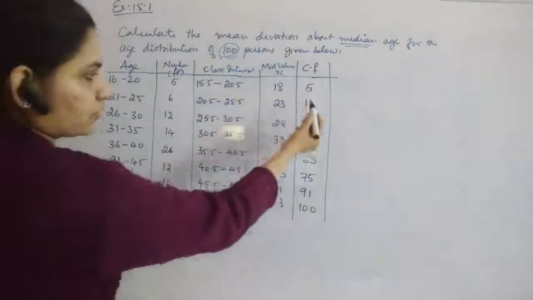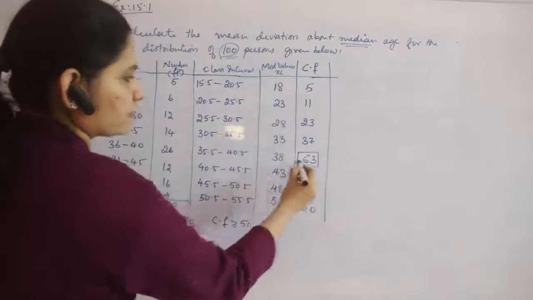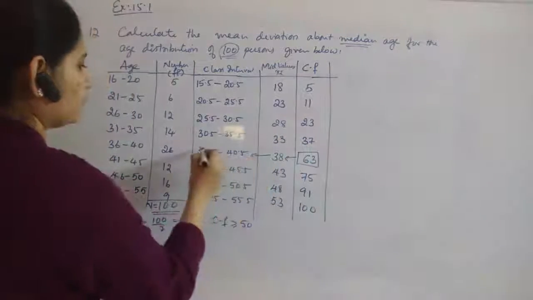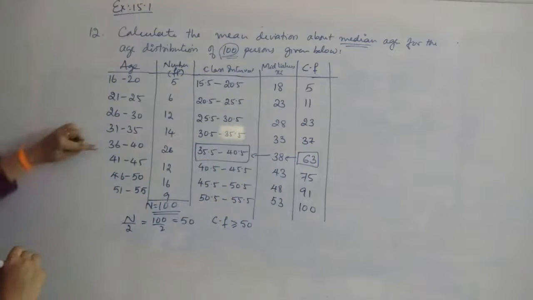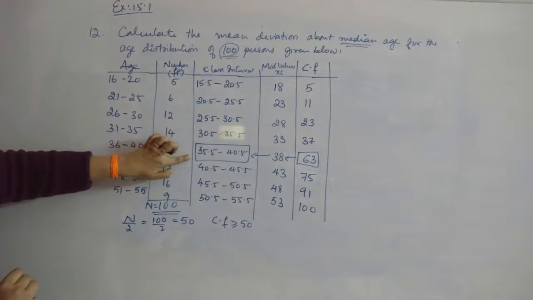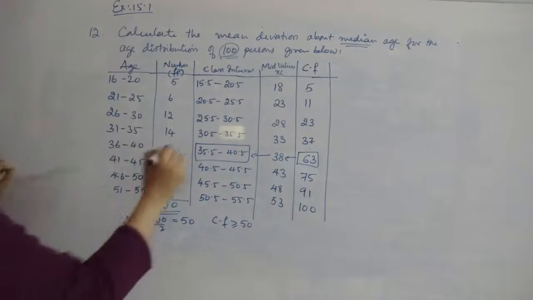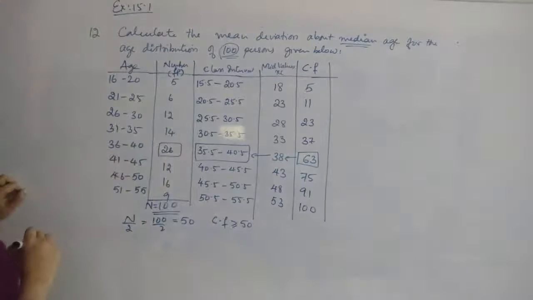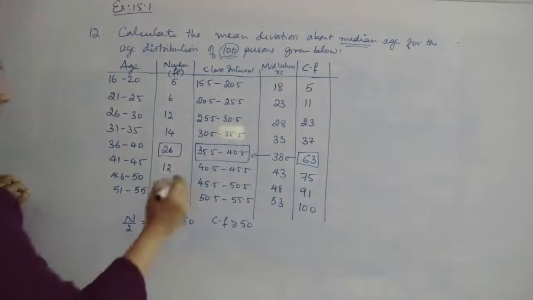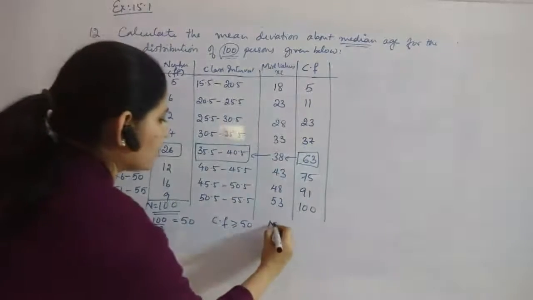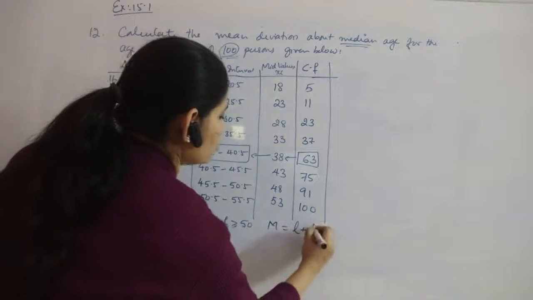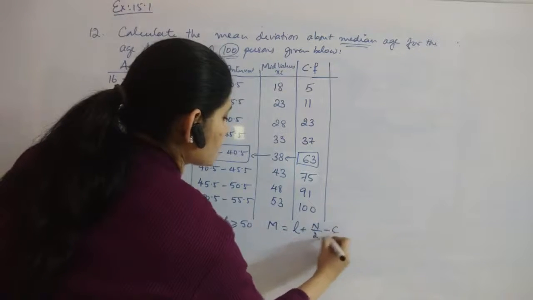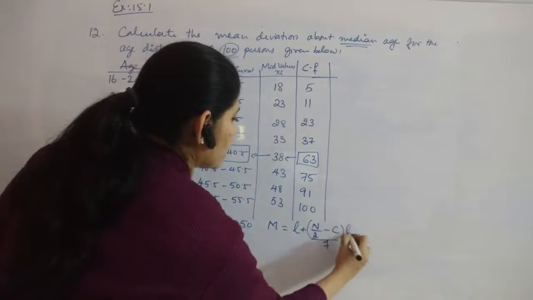That will give you this one, and correspondingly this is the median class interval. Now what do you need for finding the median? Median is equal to L plus (n by 2 minus C) by F, into h.